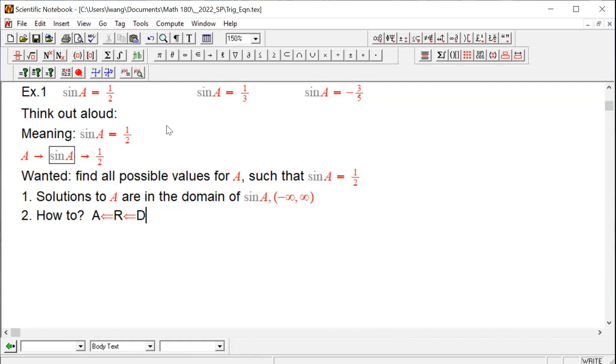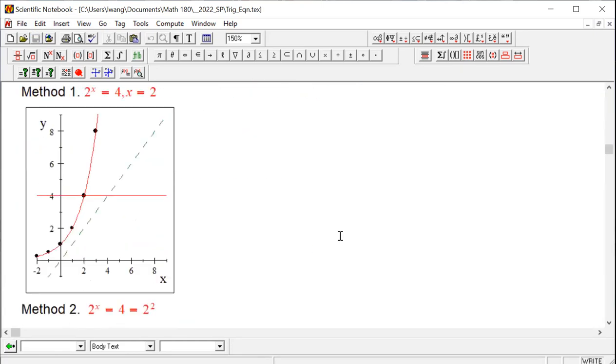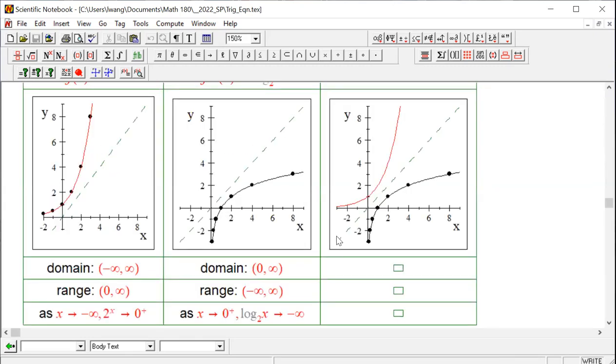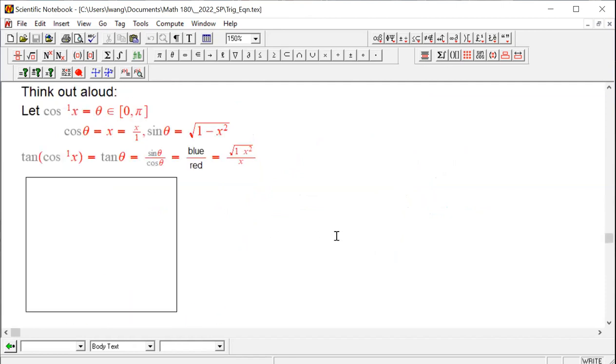The first method, we're going to use that unit circle. How do we use that unit circle? Many of you are probably very good at using it. Let me see if I can find that unit circle in my document and bring it up so we can make use of it.